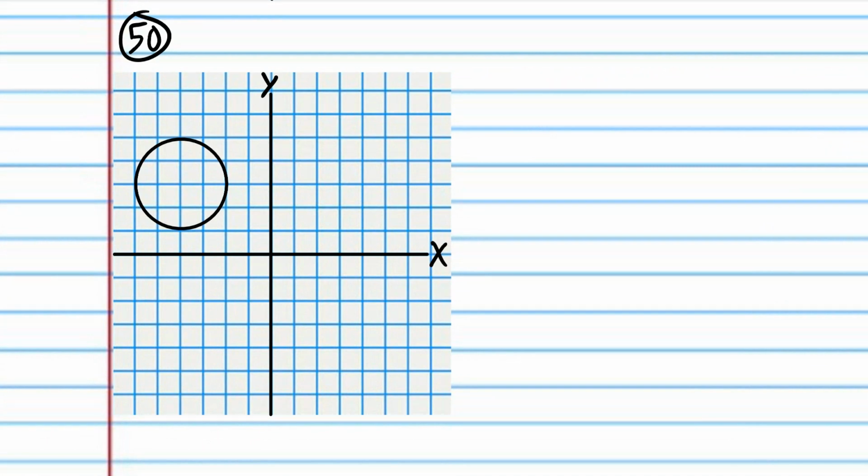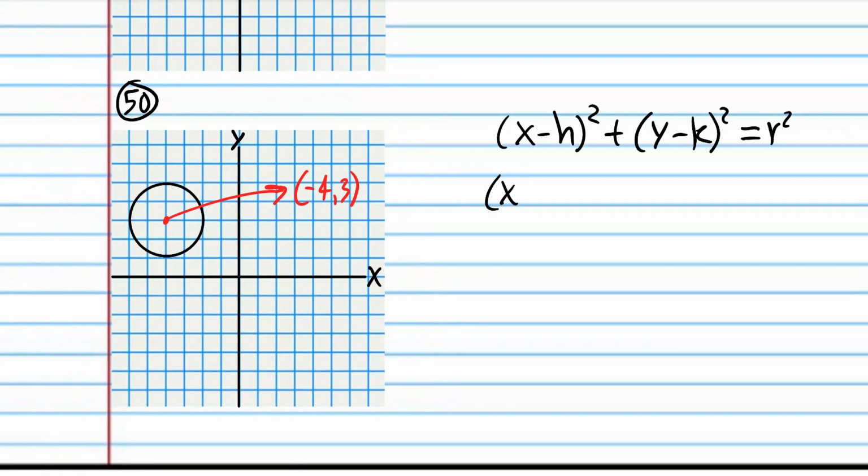All right, we're back. So we have 1, 2, 3, 4, 1, 2, 3. So -4, 3. Negative 4, 3 is the center. So we have a double negative.